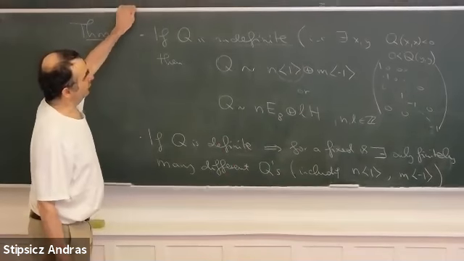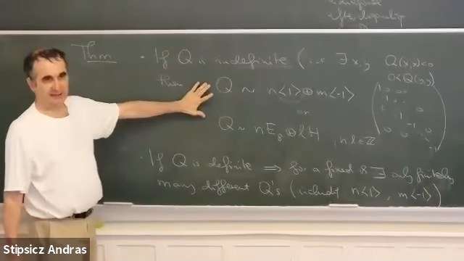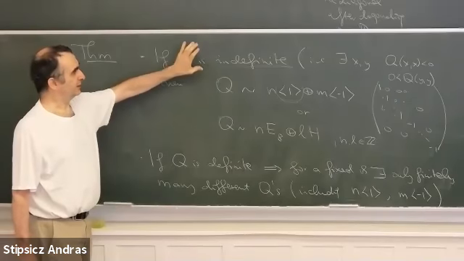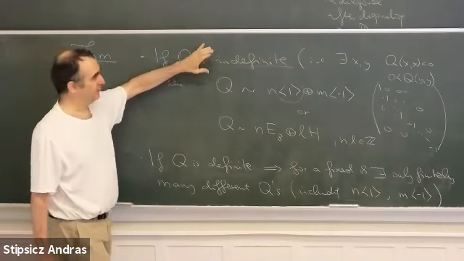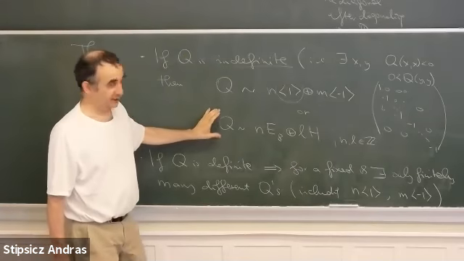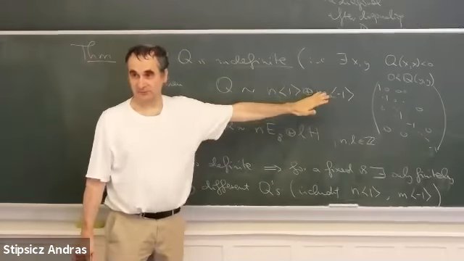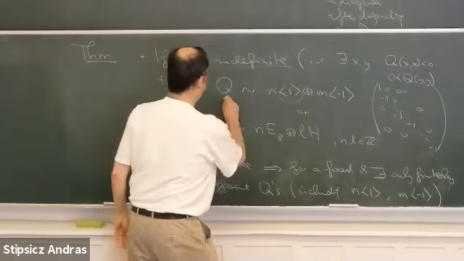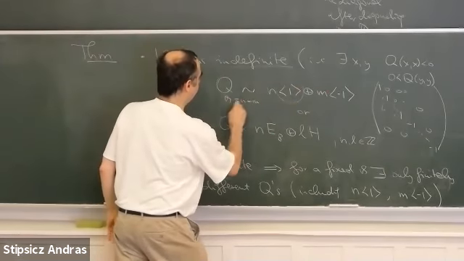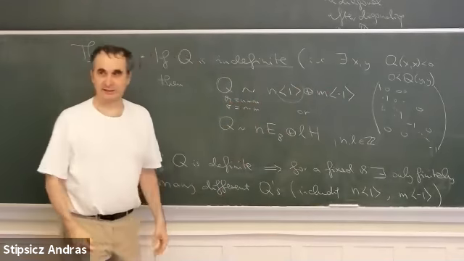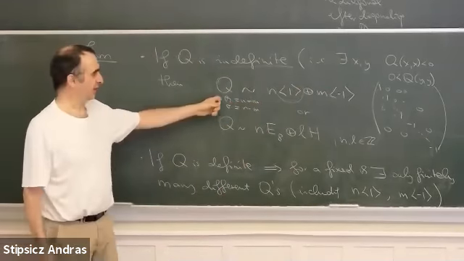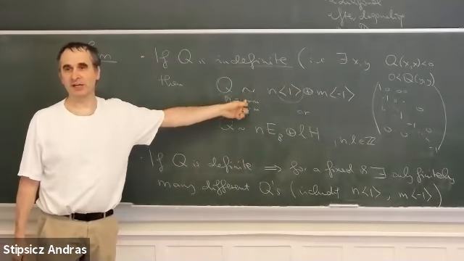Notice that this first theorem just says that Q in the indefinite case is determined by the parity, the rank, and the signature. Here the rank is n plus m, and the signature is n minus m. And clearly, once you tell me what the rank and the signature is, you can recover n and m.